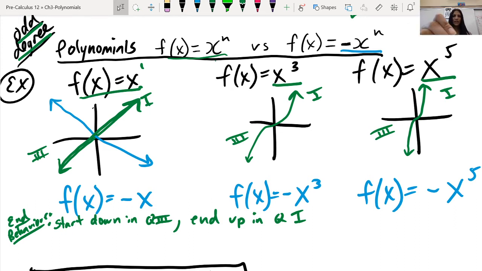So let's finish off with these blue ones. If I have my x cubed in green, then negative x cubed, well, notice that that's going to affect my y values because the x cubed isn't in brackets. I mean, because it's cubed, it's not actually going to make a difference, but it's going to affect all of the y values. So we can take this and flip it over the x-axis.